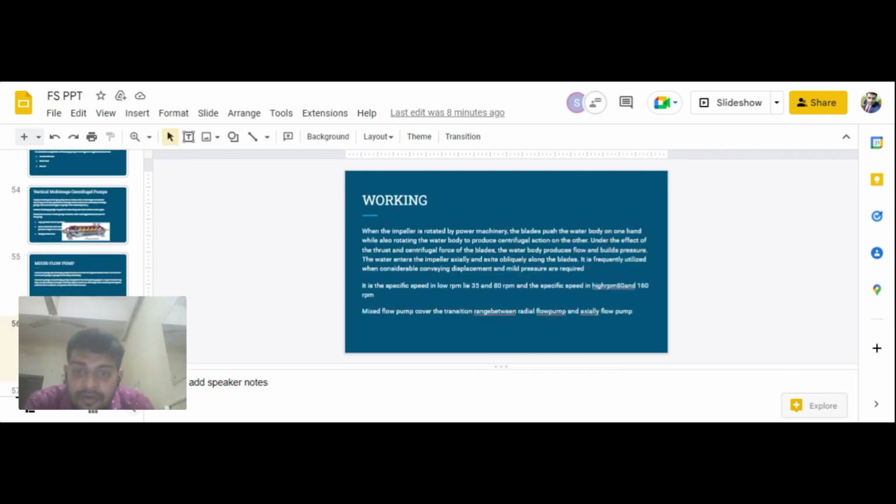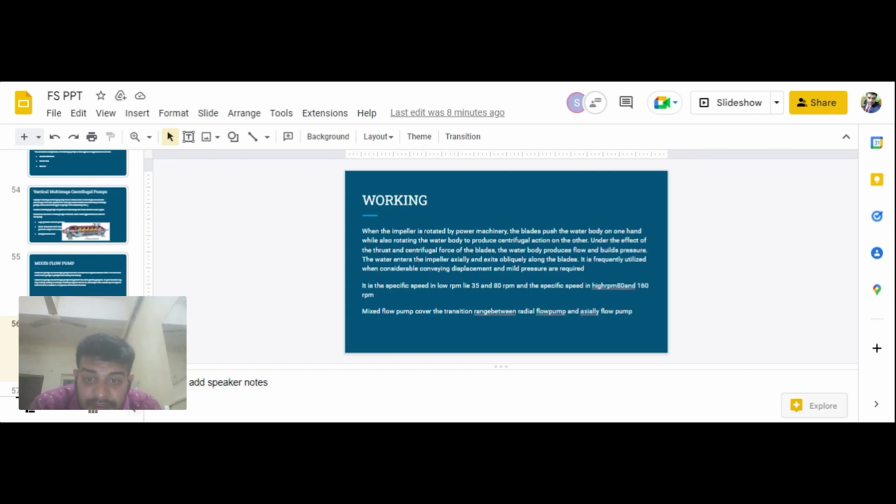Now discuss the working. When the impeller is rotated by the power machinery, the blades push the water body on the one hand while also rotating the water body to produce centrifugal action on the other. Under the effect of the thrust and centrifugal force of the blades, the water body produces flow and builds pressure.